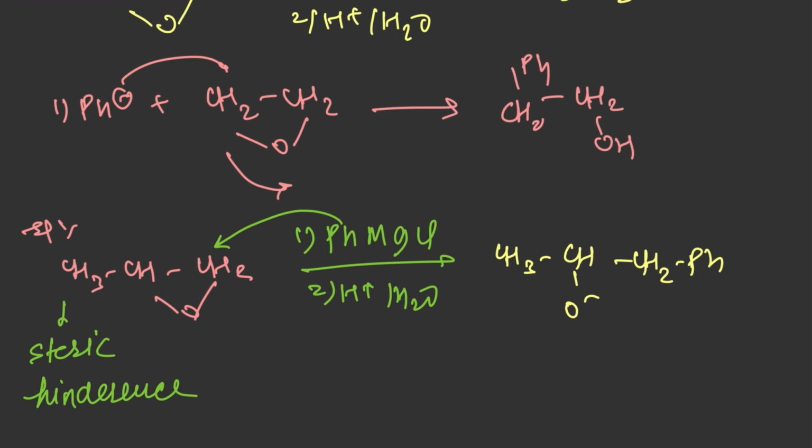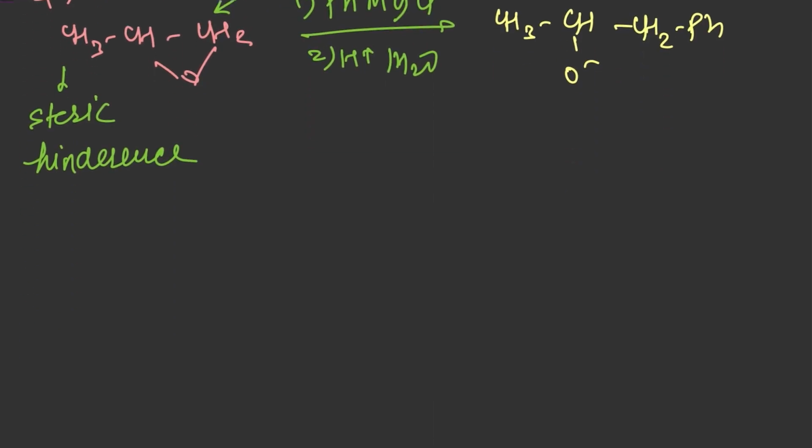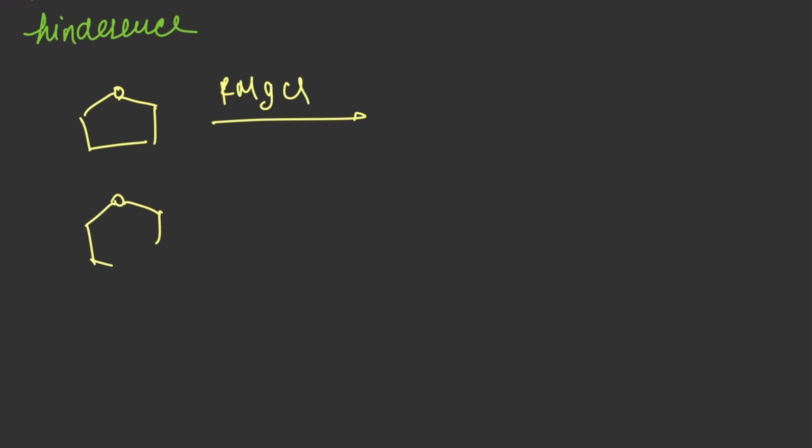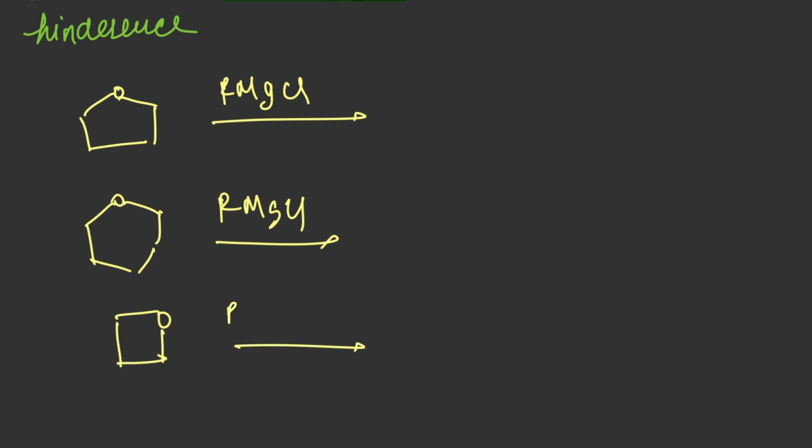Now let's say we have a compound, this epoxide will react with RMgCl, and this also reacts with RMgCl, second H+/H2O.